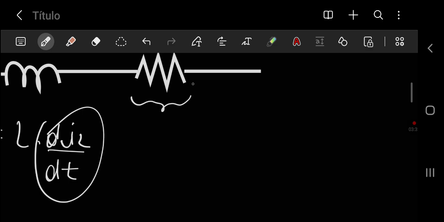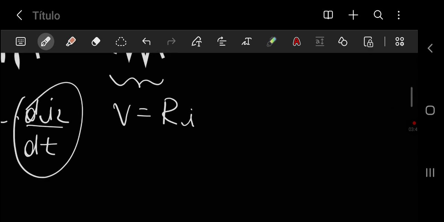And the resistor is even easier, it is Ohm's law, which is V equals R times I.